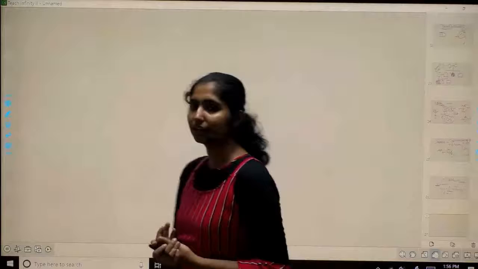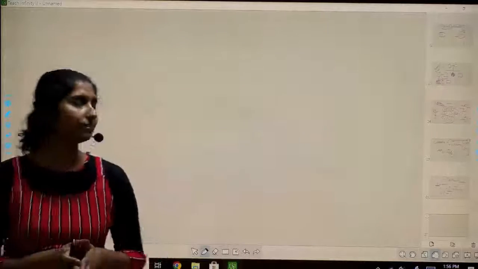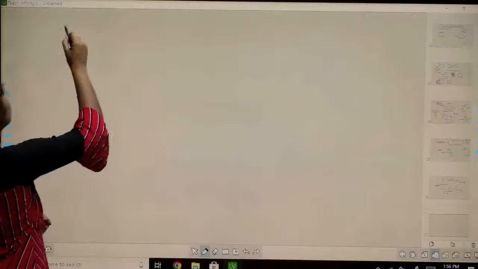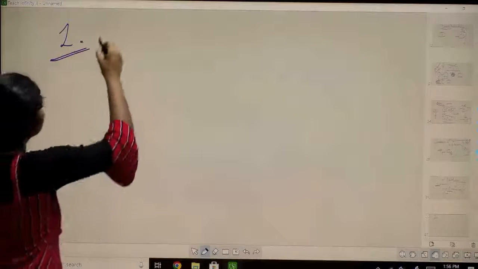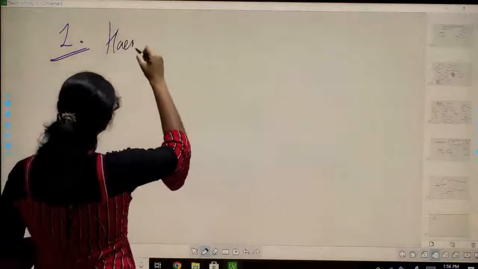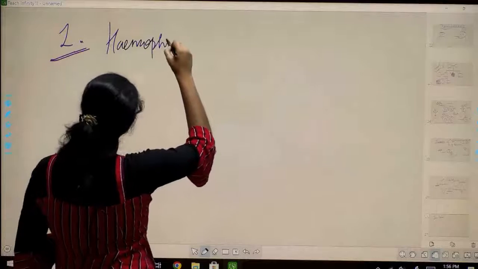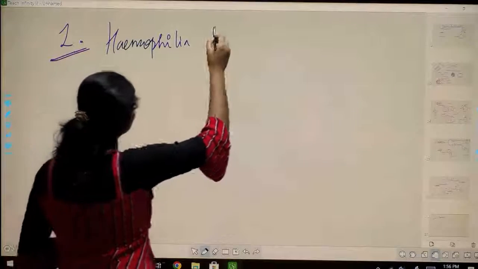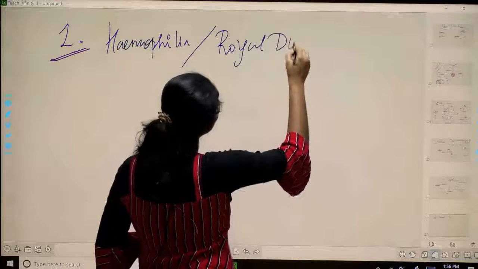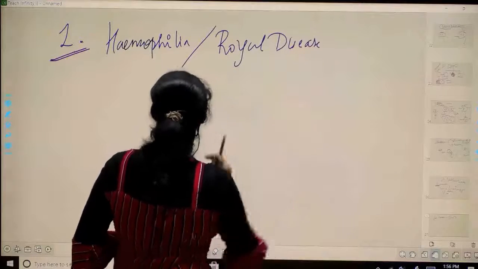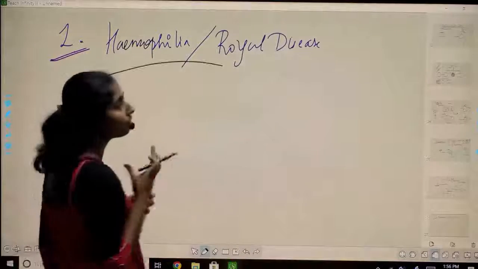So let's study 2 examples of this as well. The first disorder is hemophilia. Hemophilia is also known as the royal disease. Hemophilia is a clotting disorder.